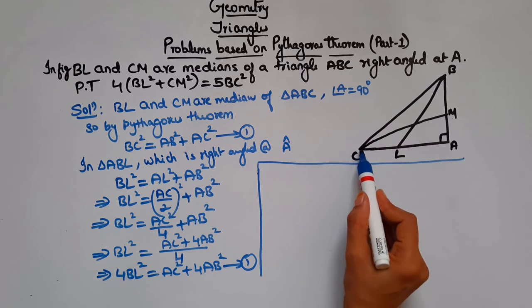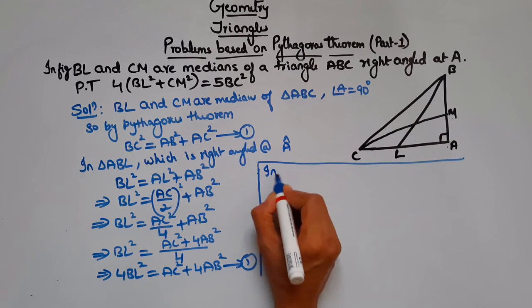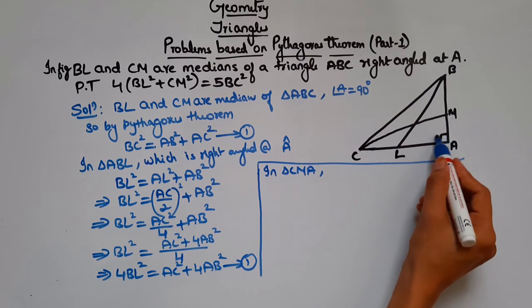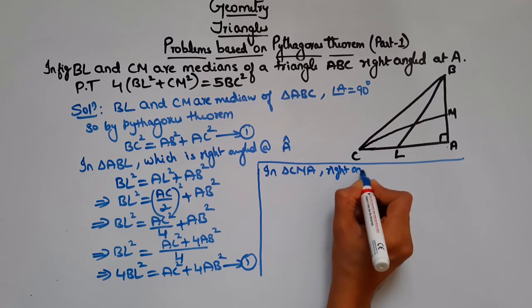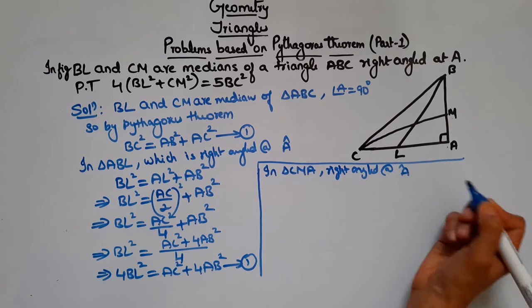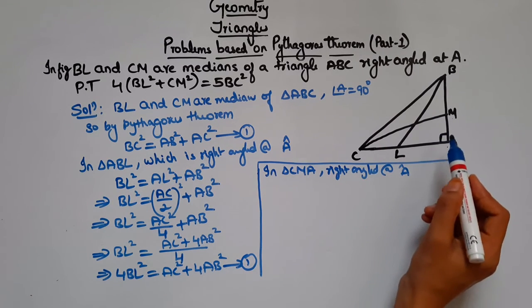Now let's see the triangle CMA. So in triangle CMA, which is right angled at angle A, this is a right angle triangle. We can apply Pythagoras theorem.